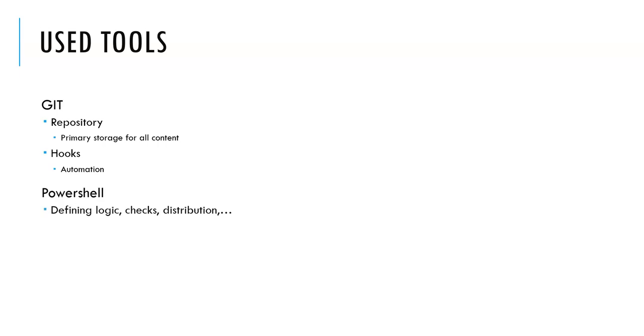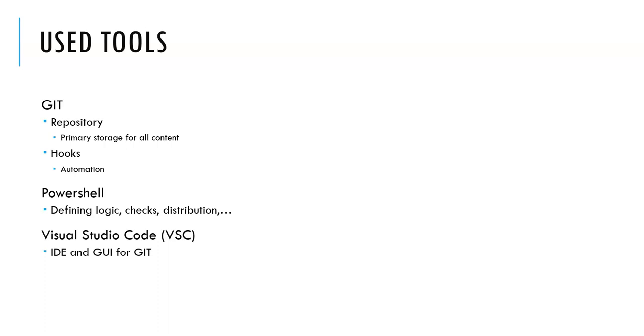So what tools are used for this solution to work? Git as a repository, so primary storage for all the content. Git hooks for automation, so pre-commit, post-commit, and post-merge hooks. PowerShell for defining logic, checks, and distribution of the content.